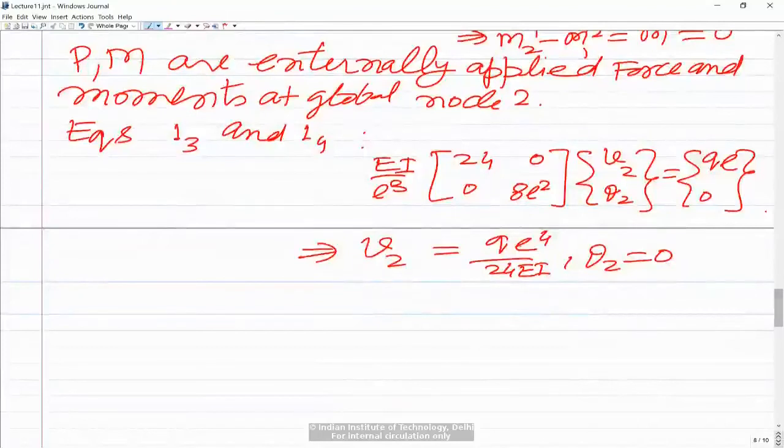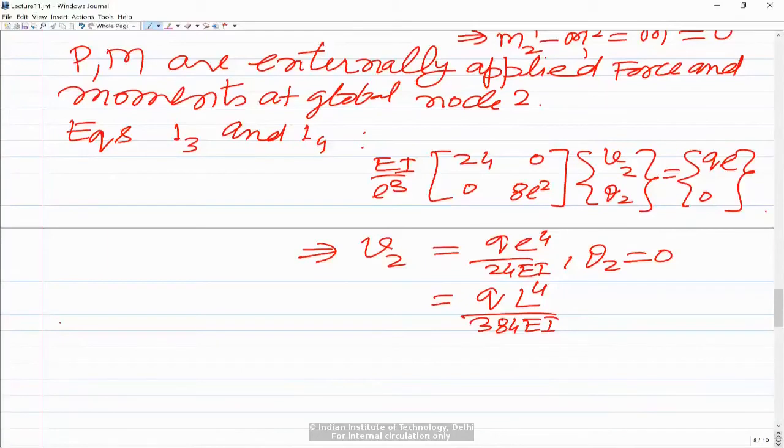This is small l, which I have already said is equal to capital L by 2. If you write in terms of capital L, you get QL power 4 upon 384 EI. You can compare this result with the exact solution from any strength of materials book. So this is what you get as V2 and theta 2.